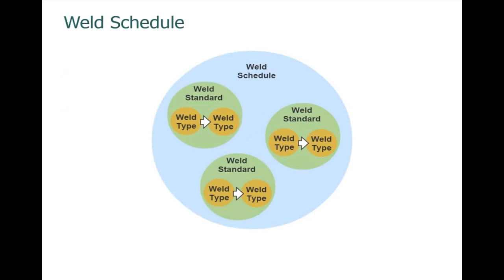In ShipConstructor, the weld types we're assigning are actually called the weld standard. This is where we build up a sequence of weld processes. Each weld standard is a type of weld applied either on one side or both sides, and there might be multiples of those as well. So that's what we're going to take a look at now.